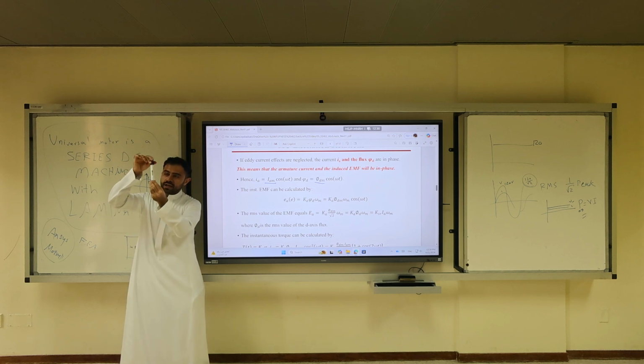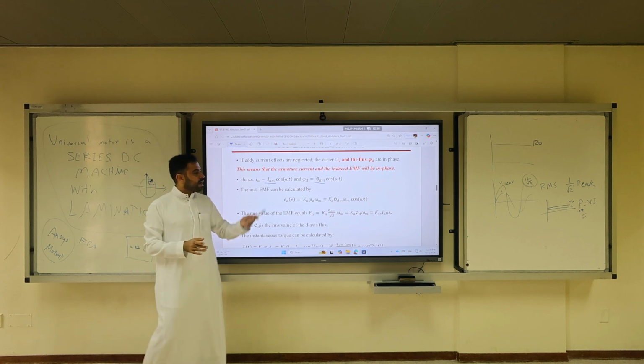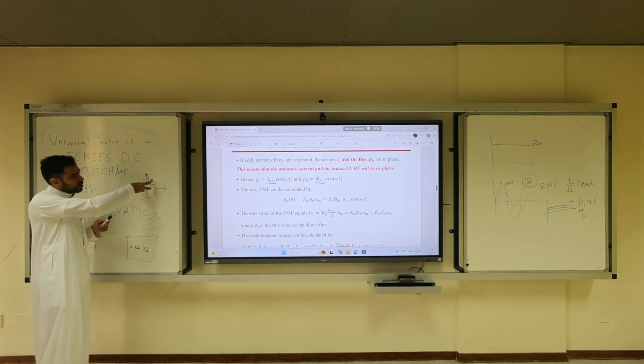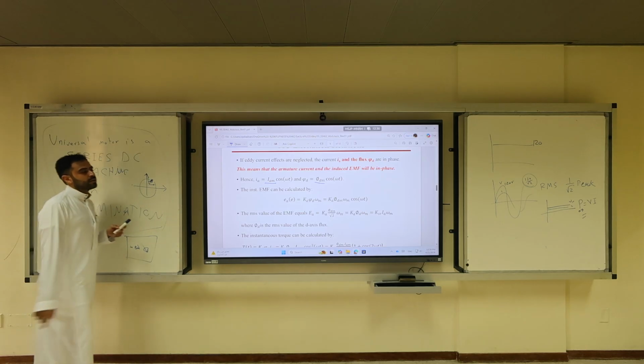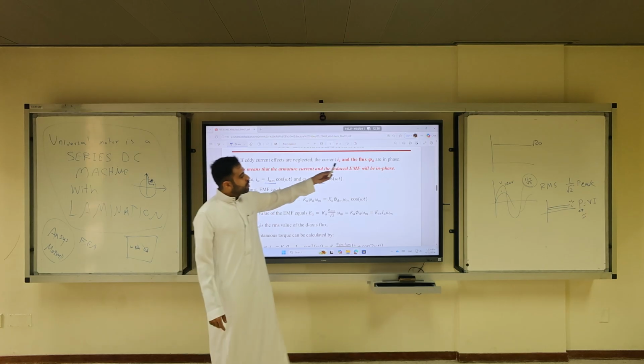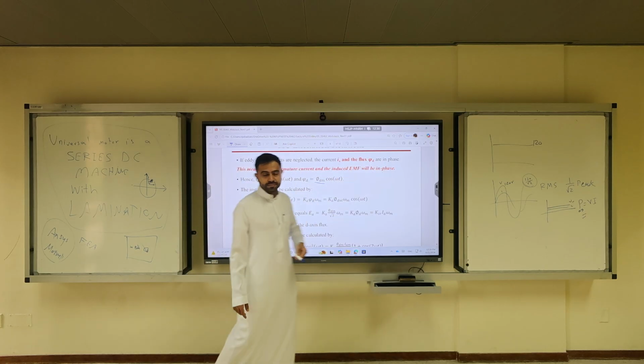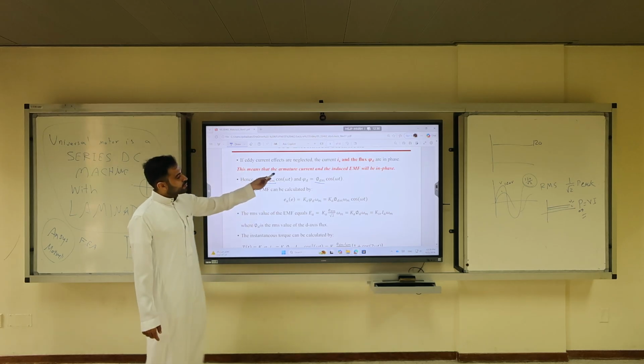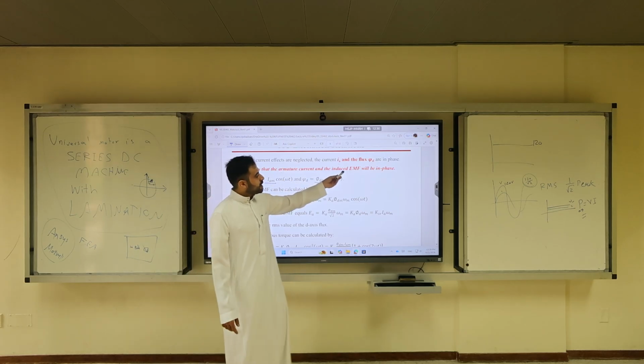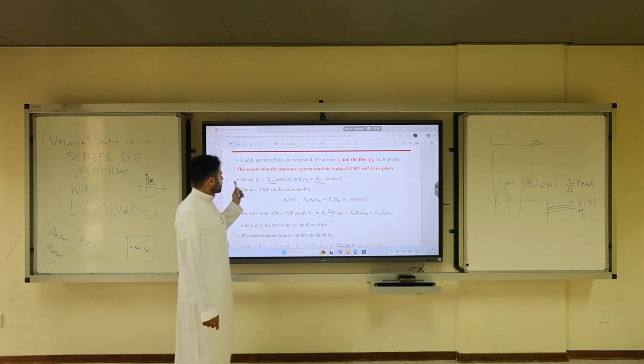So the actual length is fixed. And that peak, depending on the rotor position, would rotate over time. So let's talk about only the components that align with IA, which are in phase. This means that the armature current and the induced EMF will be in phase.